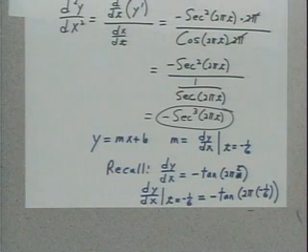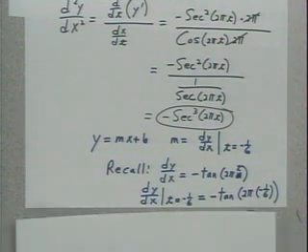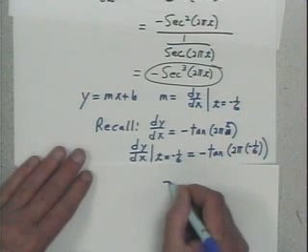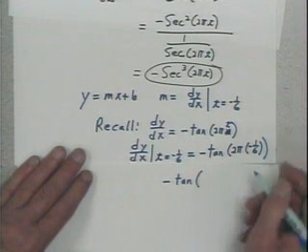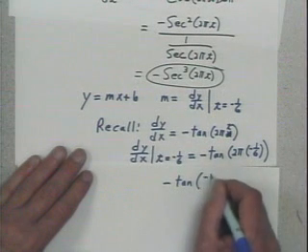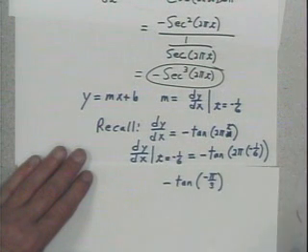Uh-oh, trig again. I wonder if we can come up with that. I'll bet the calculator knows that one, even if we don't. I need minus the tangent of, well, if I fix it up, that looks like minus pi over 3 to me.